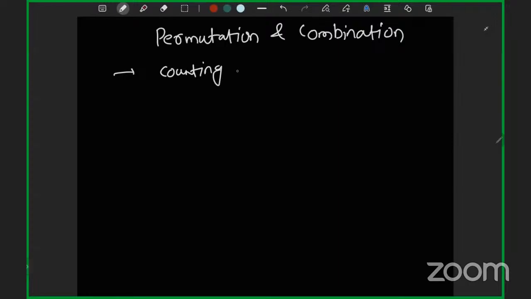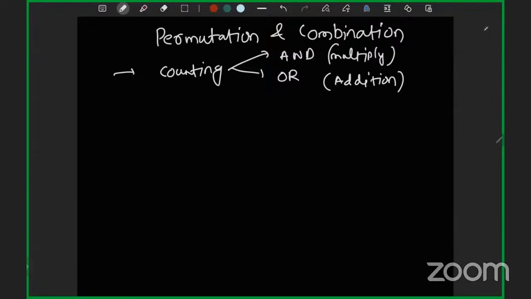There are the "and" and "or" ways. If one event is happening and then another event is happening, then we multiply. Another case is if one event is happening or another is happening, so either way is possible.